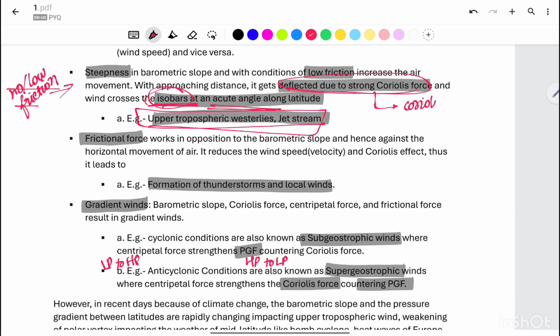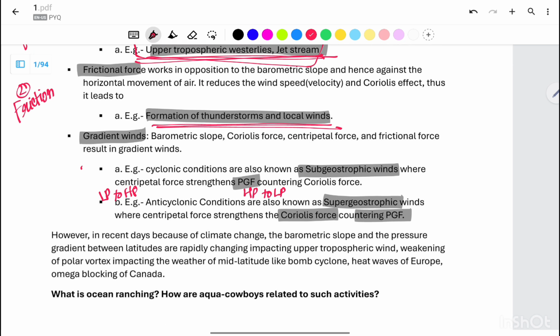With the Coriolis force alone, we have upper tropospheric winds or jet streams. Now, when there is a thunderstorm or local winds, it is because of friction. The third one is gradient winds, where the pressure gradient force is greater than the Coriolis force. Pressure gradient force is lesser than the Coriolis force for the gradient winds.